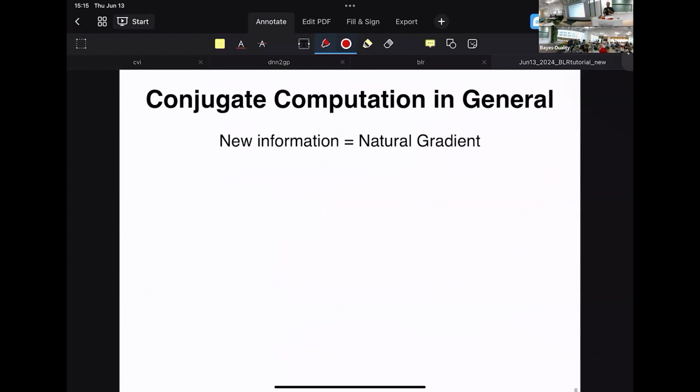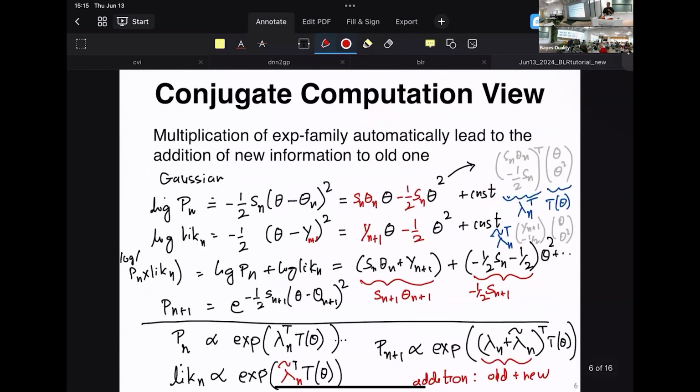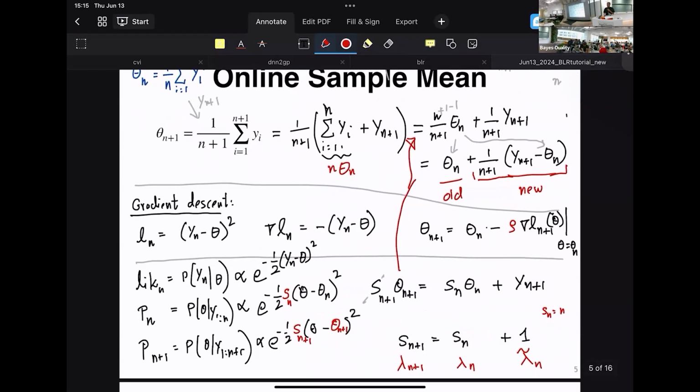So far there is no notion of gradient in all of this, right? What I showed you is that you can define all the new information by writing things recursively, and then you can interpret them as gradients, but you can also interpret them as natural parameters. In natural parameter space it's a straight addition between things.